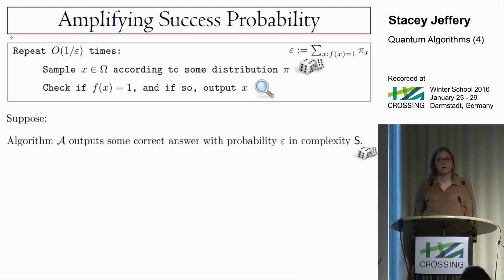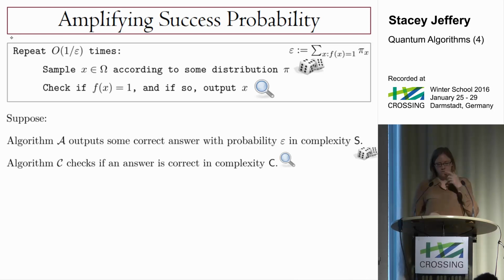Suppose you have some algorithm A that outputs some correct answer with probability epsilon, and the complexity of this algorithm we'll denote by S. Often our goal is to construct an algorithm that is correct with probability at least, say, 9/10. But sometimes we first come up with a process that is correct with some smaller probability epsilon. And further suppose that you have a way of checking if the algorithm has output a correct answer.